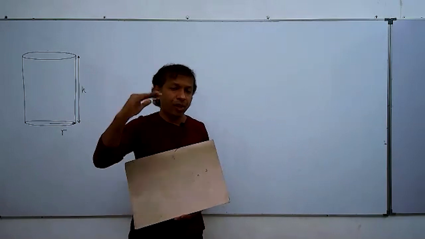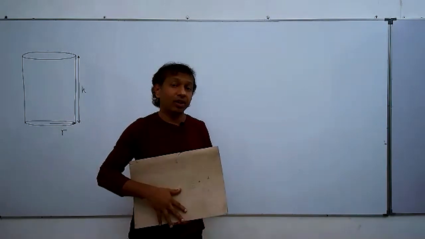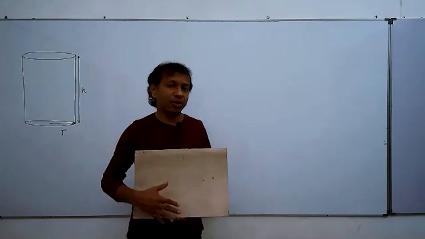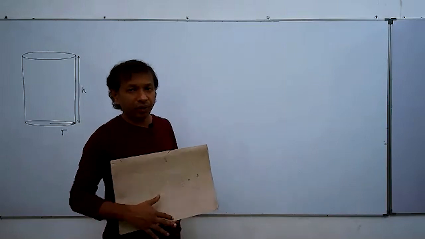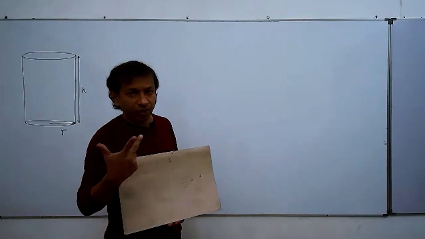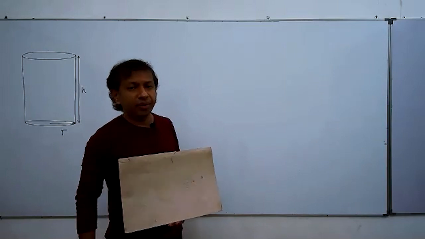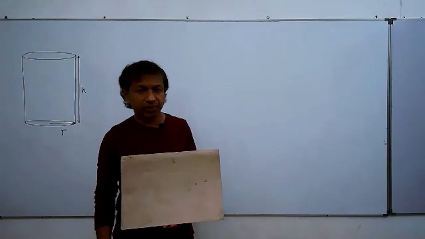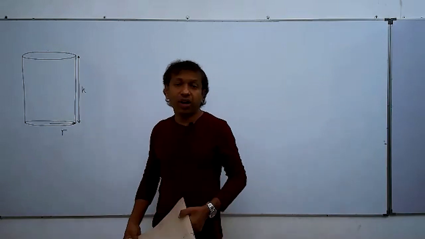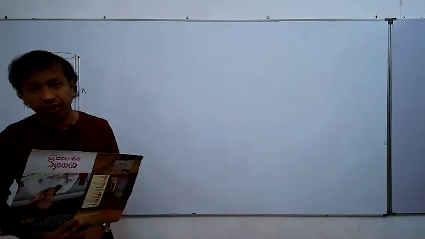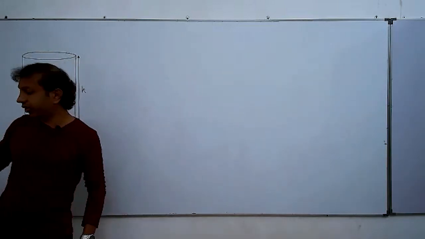If area is minimum, the cost is minimum. So we have to form a cylindrical can to hold 1 liter volume in it. Our objective is to minimize the surface area of the can. Then only the cost will be minimum, right? So then we'll work this out.